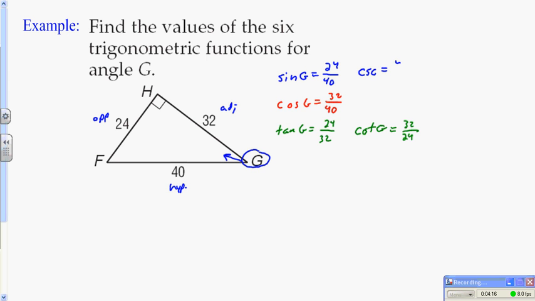So that would be 40 over 24. And then the reciprocal of cosine is secant, 40 over 32. And this is secant of G. Sneak that in there. Those are the 6 trig functions that you can get from looking from angle G. Again, naturally we would reduce these, but at this point, this is good.